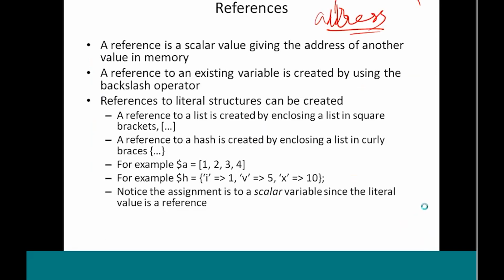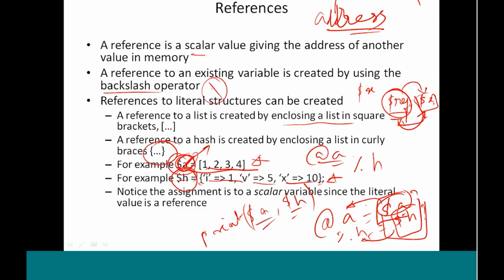Then the two main things that we talked about were referencing a scalar and dereferencing a scalar. Referencing a scalar value is to reference its address in memory. The way to do it is by using the backslash operator.